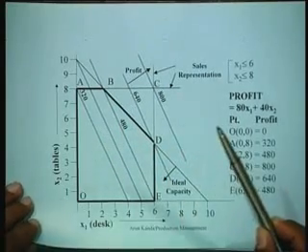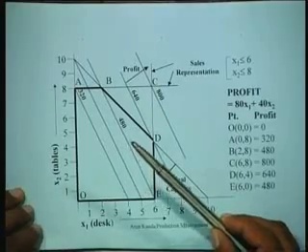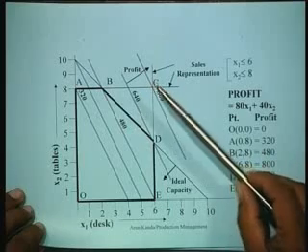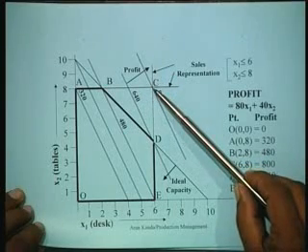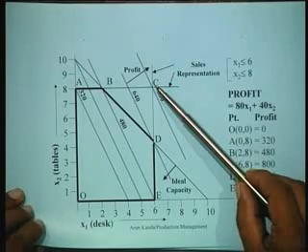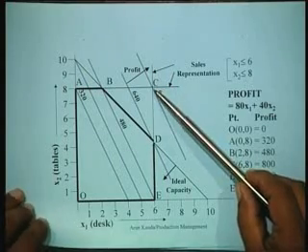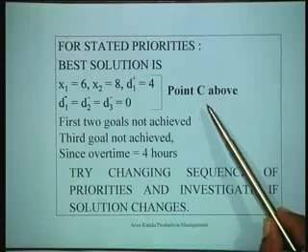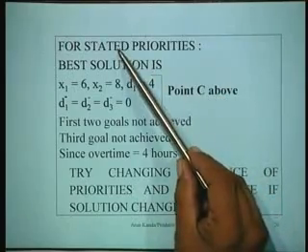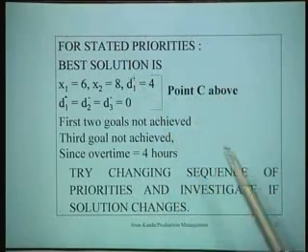Since the priority said that we don't want to underutilize our capacity, that means there is no implicit bar on overutilizing the capacity either through overtime or through subcontracting or whatever. In that case, point C would become the point which would be the best solution for the stated priorities.